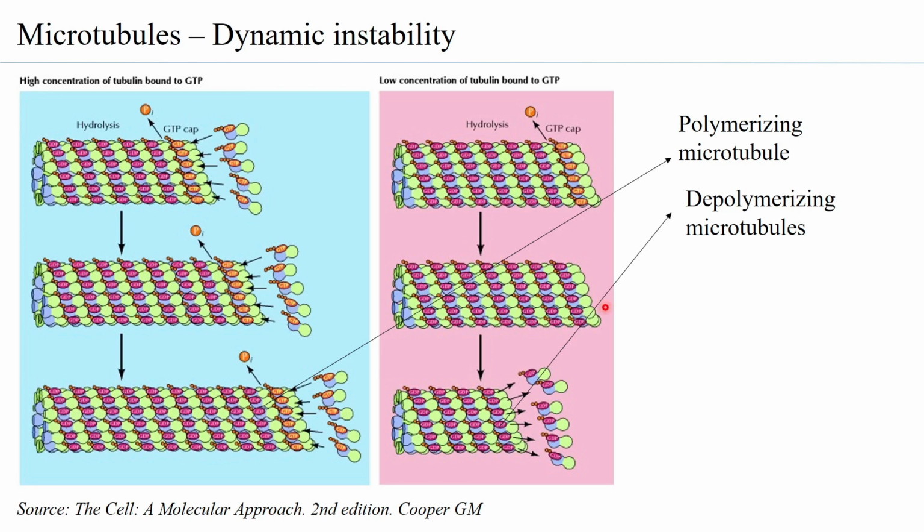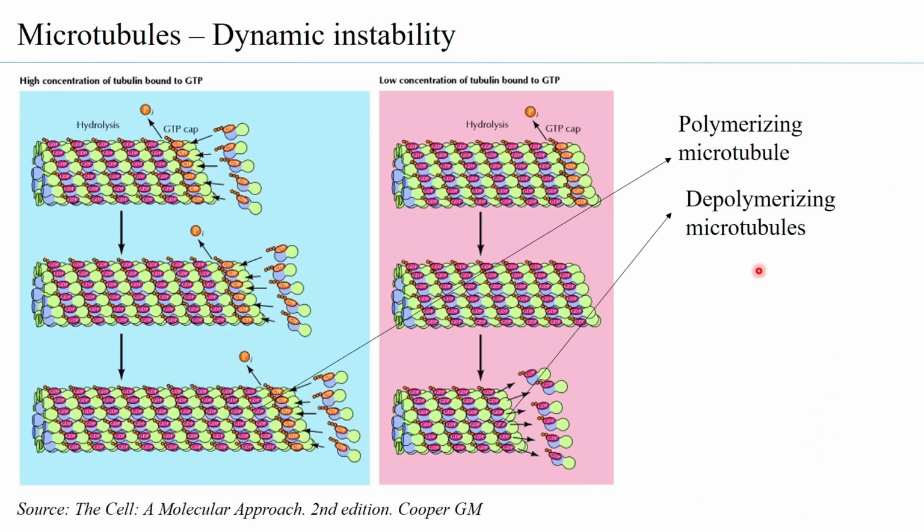So therefore, this is what we understand by dynamic instability. That is, to maintain an equilibrium between the concentration of the heterodimers and the dimers that are present in the microtubule, you will have constant assembly and disassembly. So when you have large numbers of the heterodimer present, you will have polymerization happening.